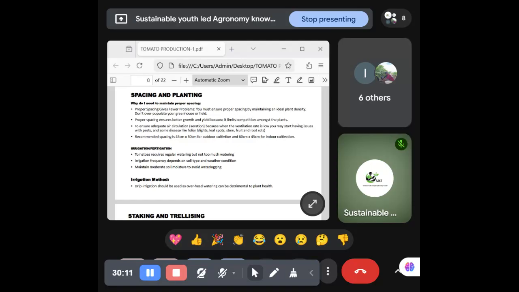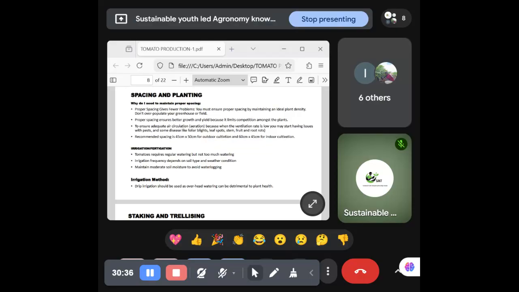That's why I say if you go back to our soil preparation, I said you need to make use of a soil that allows proper drainage, soil that does not hold more water than necessary or required. So your tomato wants you to water them regularly, especially when they start flowering and fruiting, but not too much.